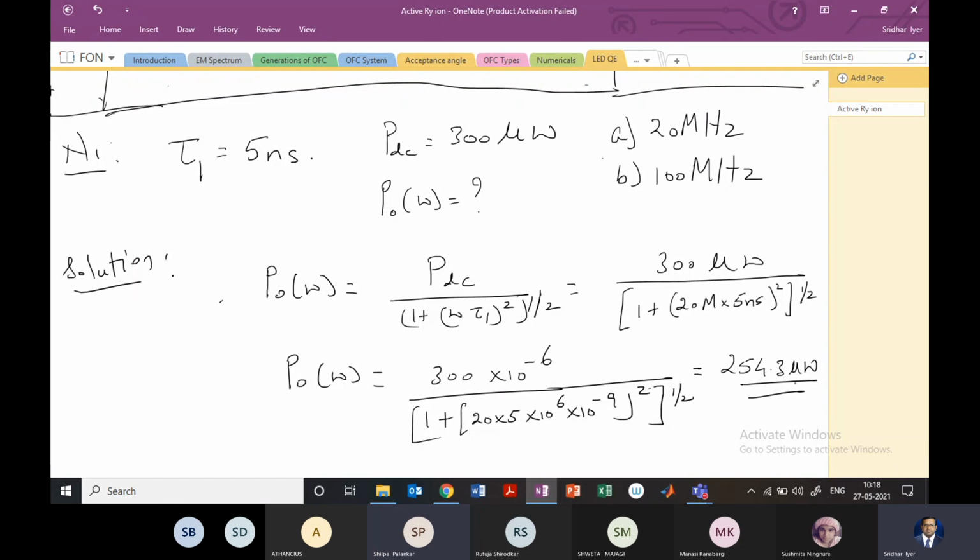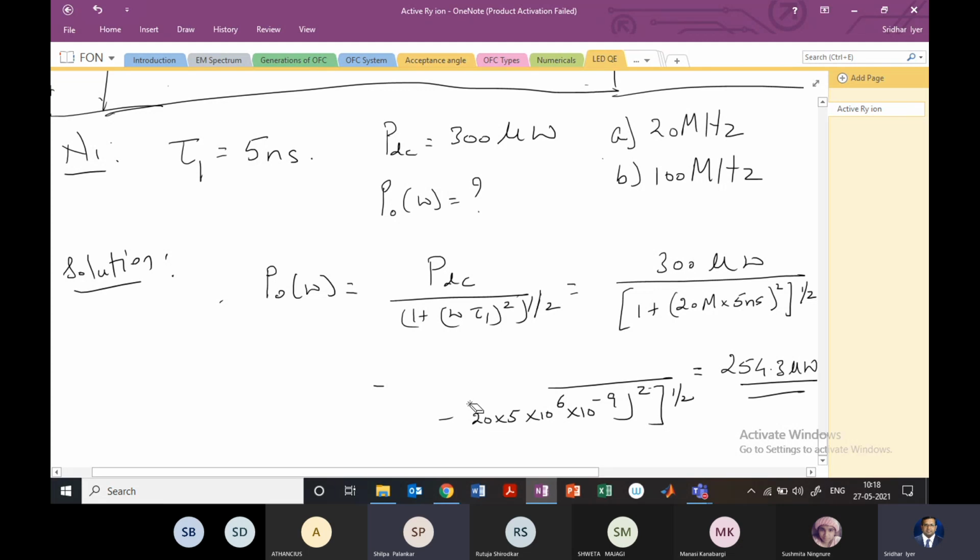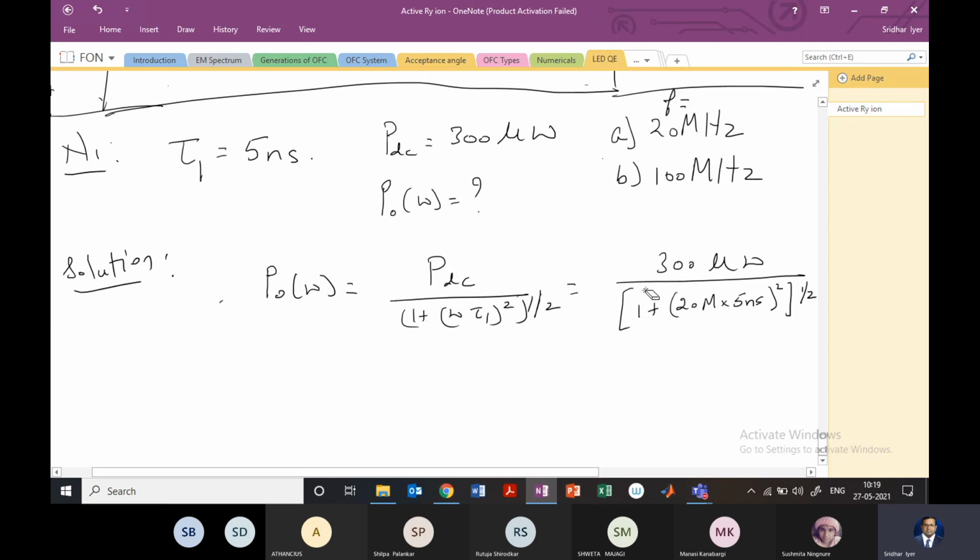So it's 1 plus 20 mega into 5 nanosecond, whole square. Hold on. Okay, wait, I have made an error here. See, we are given the frequency here. This is f, this is not omega. So I made that error.